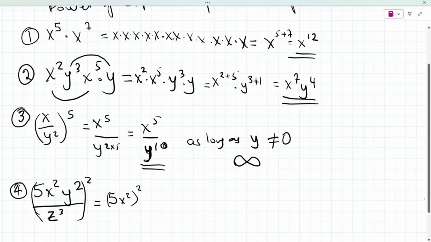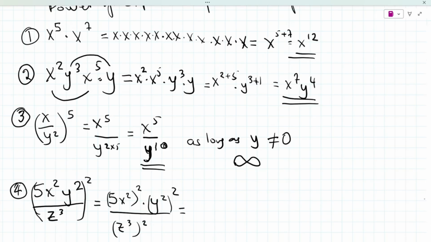Sorry. So this becomes 5x squared to the power 2 multiplied by y squared to the power 2. And this is all divided by z cubed squared.